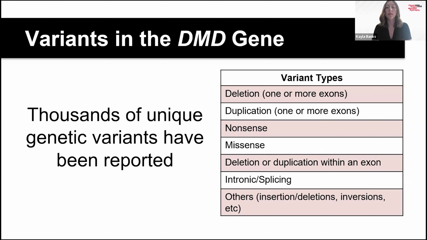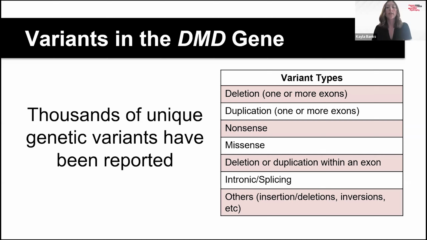This includes nonsense variants, which cause a premature stop in the gene, or a missense variant that changes the amino acid that is added onto the growing protein. Some people have deletions or duplications of one or more bases, the small letters that make up the DNA within an exon.